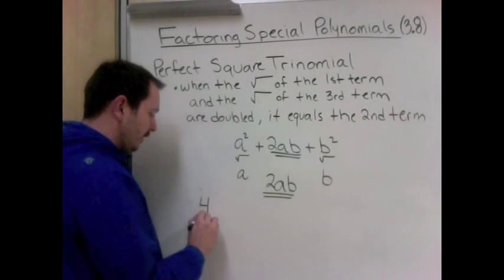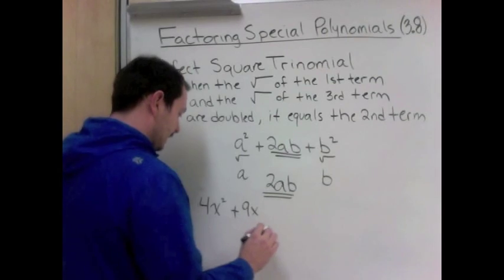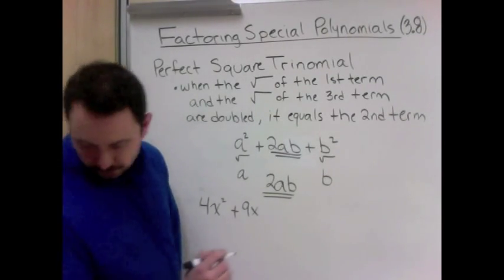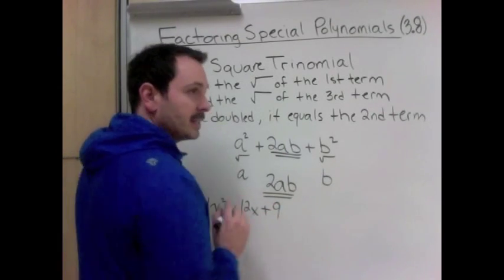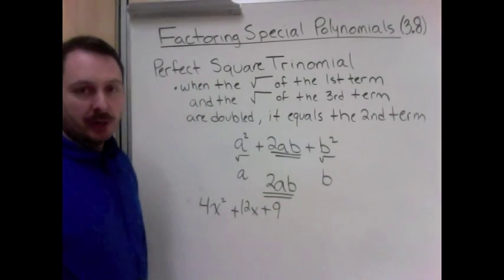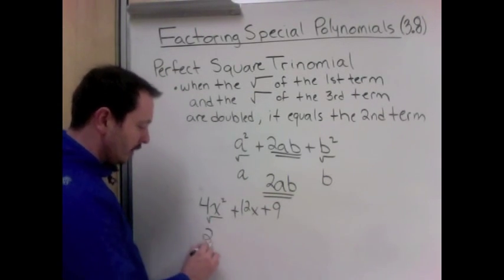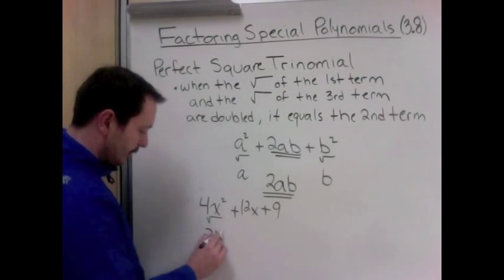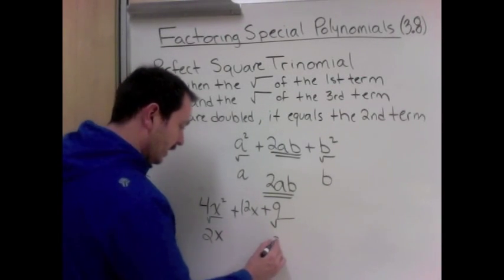Another example would be 4x squared plus 12x plus 9. This would be a perfect square trinomial because the square root of the first, square root of 4 is 2, square root of x squared is x, square root of the last term, square root of 9 is 3.